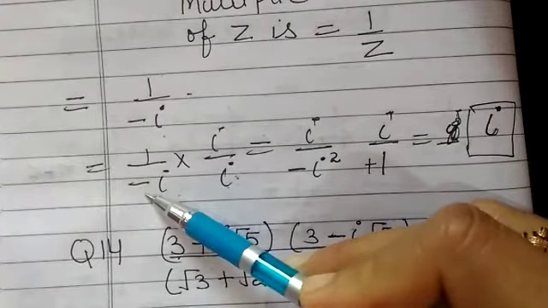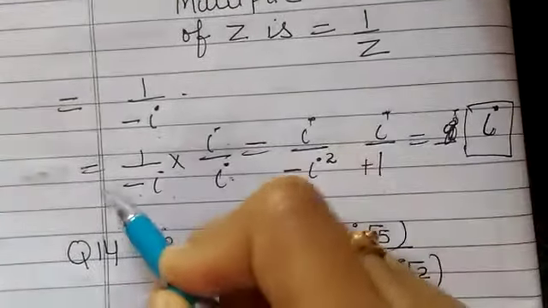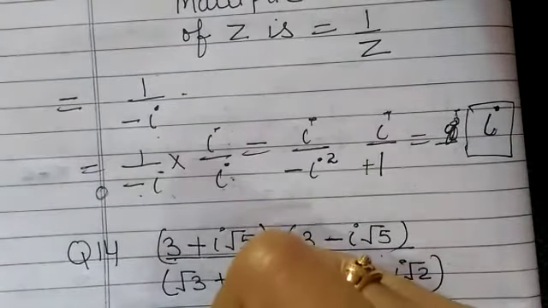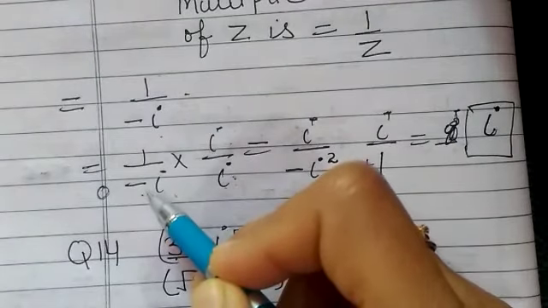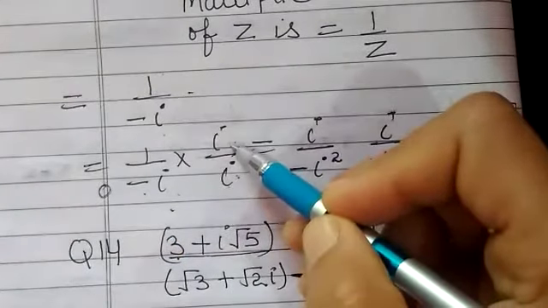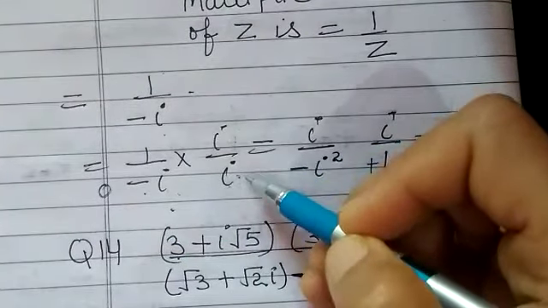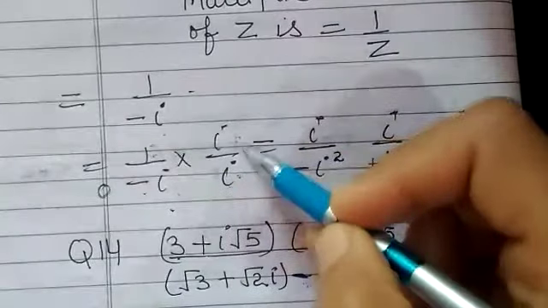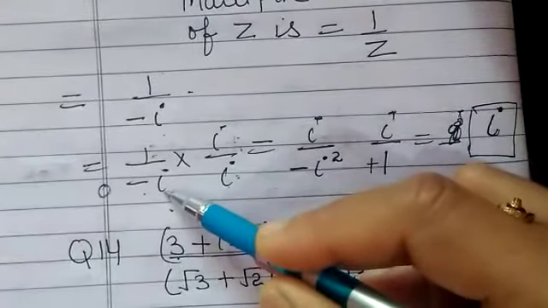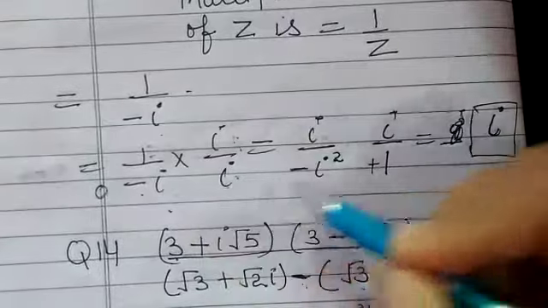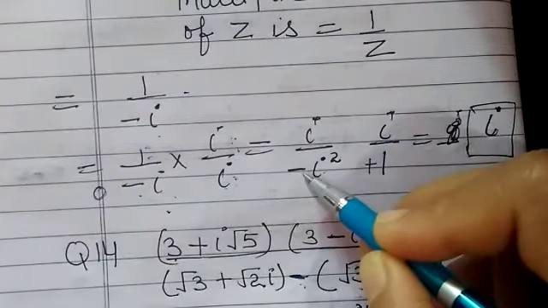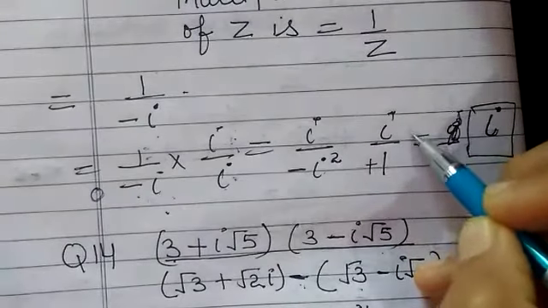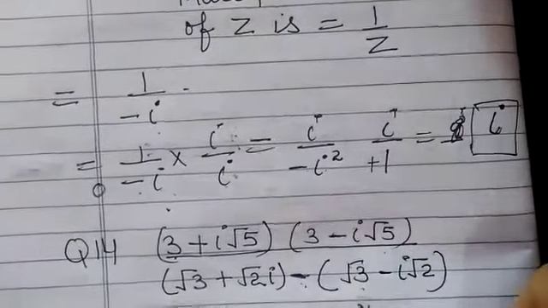Here is the negative iota, and if you see, I can write it like this, 0 as the real part and iota as the imaginary part. So I will change the sign. I will take the positive iota in the numerator and denominator and rationalize it. 1 multiplied by iota is iota, and minus as it is, and iota square is equal to 1, as you know. So it will become positive 1 iota. So in this way I'm getting the result iota.